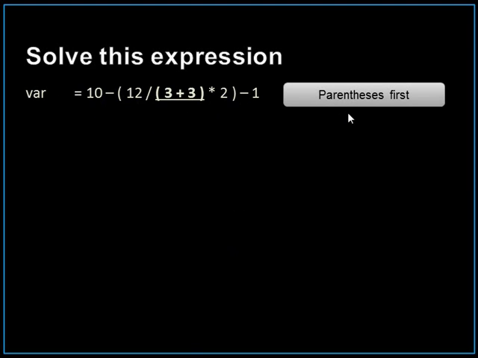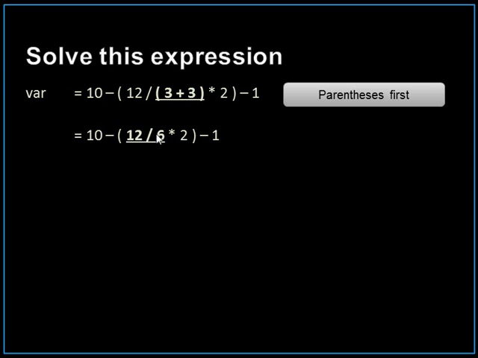Now let us solve this expression: var equals 10 minus (12 divided by (3 plus 3) into 2) minus 1. The first and foremost thing is to solve the parentheses, the brackets first. So the innermost brackets will be solved first, right? You do the same thing in mathematics. So 3 plus 3 would be solved first. What remains is the second inside bracket, but its insides contain some ambiguous operators, division and multiplication, so the left would be solved first.